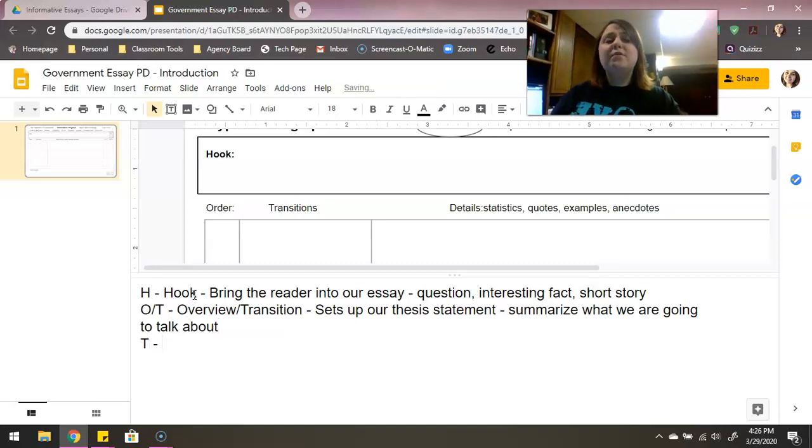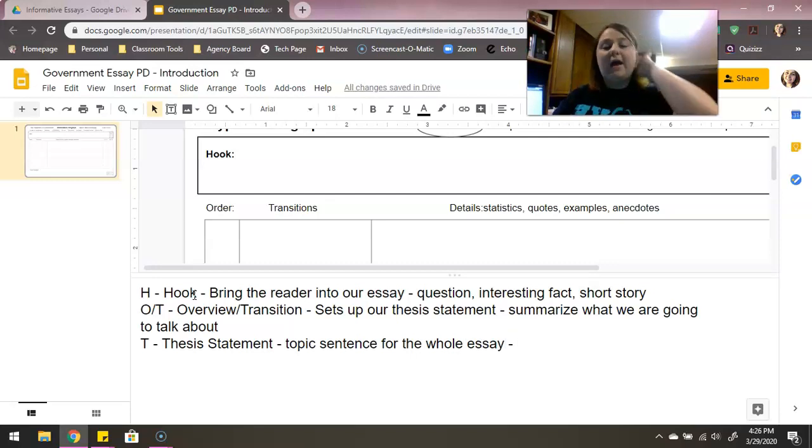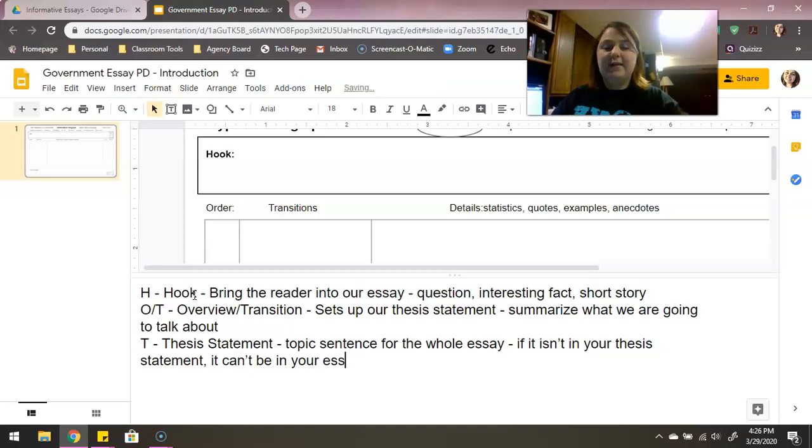Then T is the most important piece. It's our thesis statement. Okay, and our thesis statement is kind of like the topic sentence for the whole essay. And here we talked about also how if it isn't in your thesis statement, it can't be in your essay.